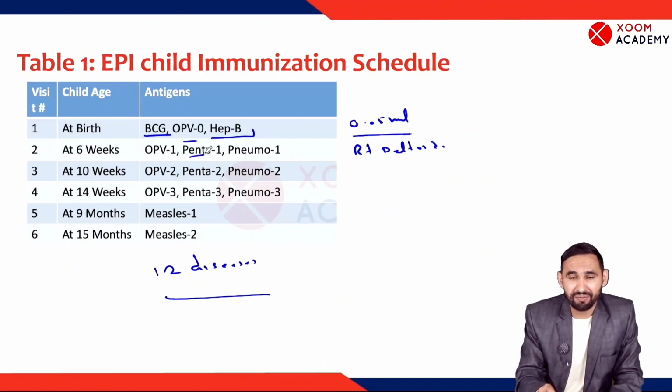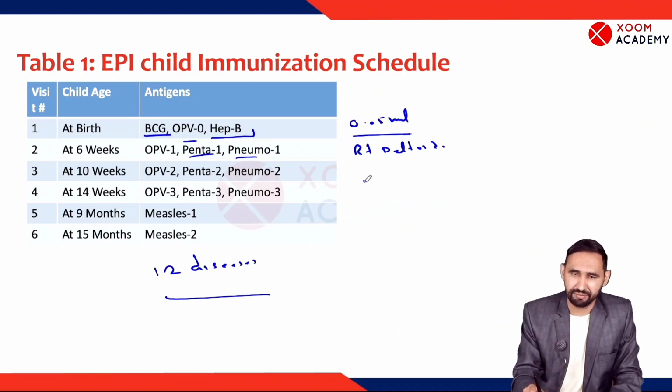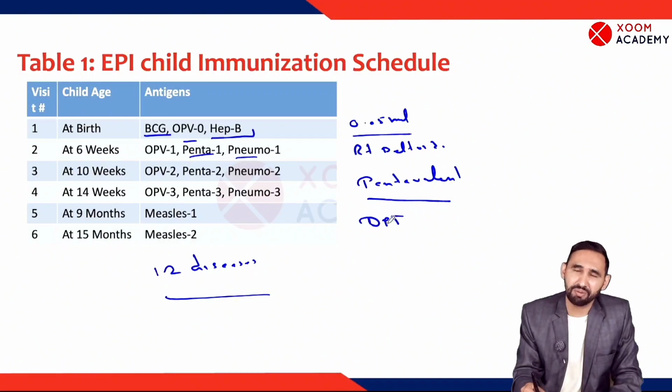Plus pentavalent one is given. Plus pneumococcal is given. What is pentavalent? It contains 5 vaccines. It provides immunity against 5 diseases: diphtheria, pertussis, tetanus, plus hepatitis B, plus Haemophilus influenza. That's why it is called pentavalent.